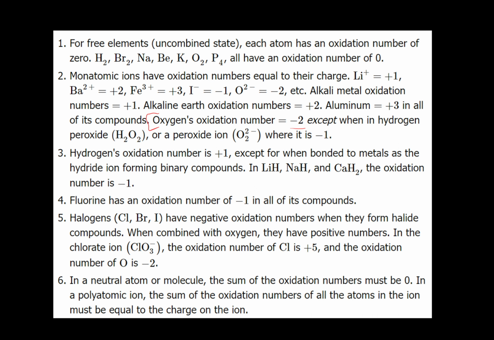Oxygen's oxidation number is -2 except for when it's bonded in hydrogen peroxide or as a peroxide ion. I'm not sure, just let me know if I'm firmly disillusioned, because I don't remember oxygen having a positive oxidation state ever, right?